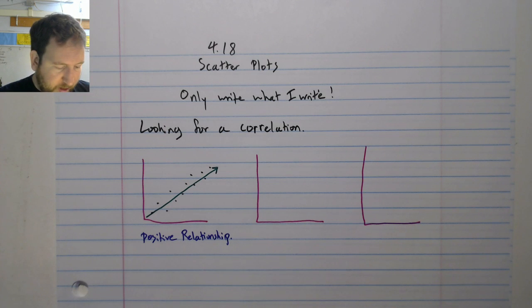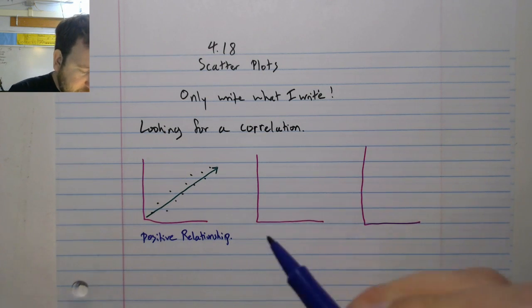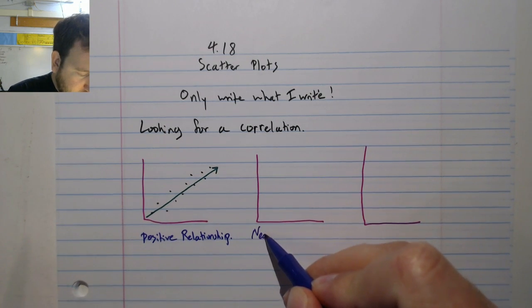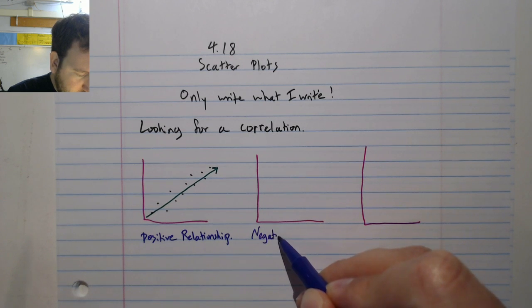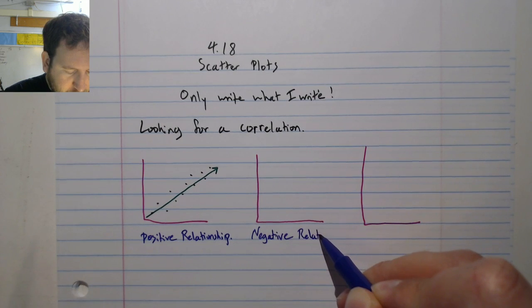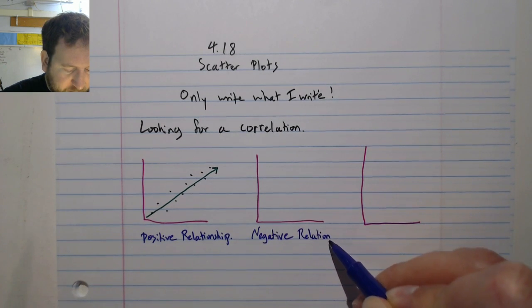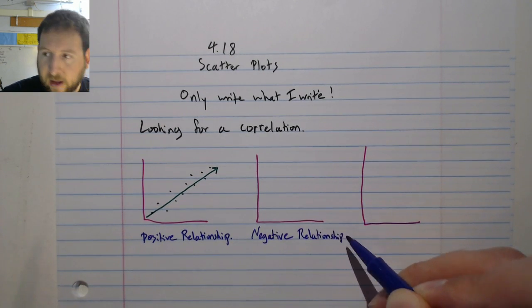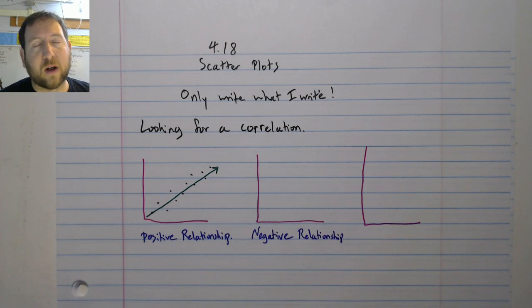Another way that this can happen is that I can have a negative relationship. This is not a bad relationship. It is merely negative, like how we've been talking about in integers.